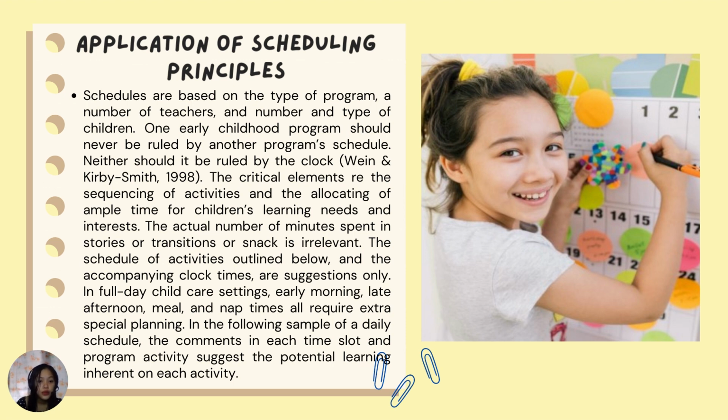Neither should it be ruled by the clock, by Wien and Kirby-Smith, 1998. The critical elements are the sequencing of activities and the allocating of ample time for children's learning needs and interests. The actual number of minutes spent in story, transition, or snack is irrelevant.